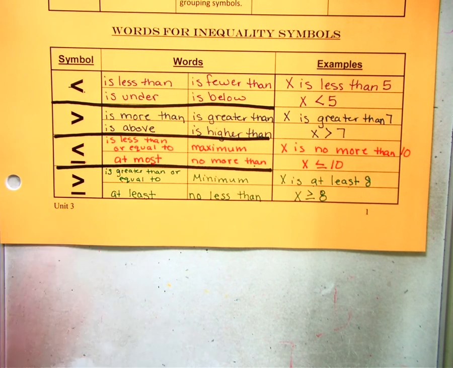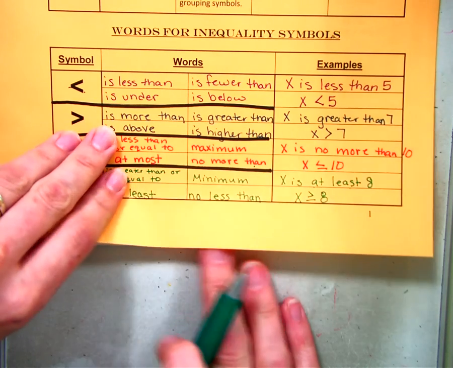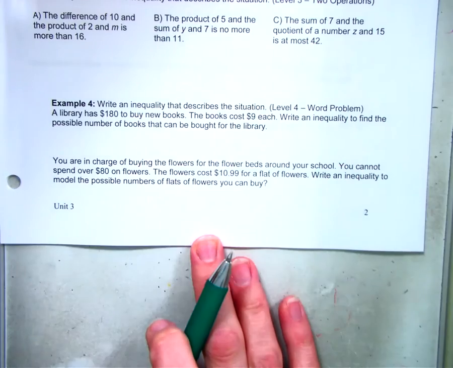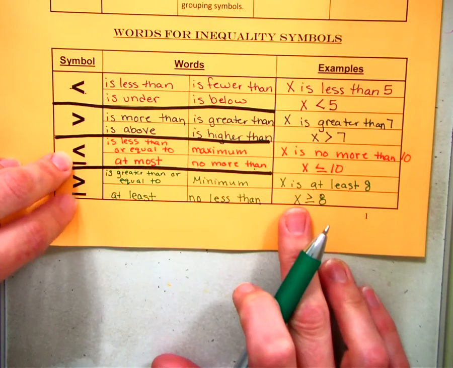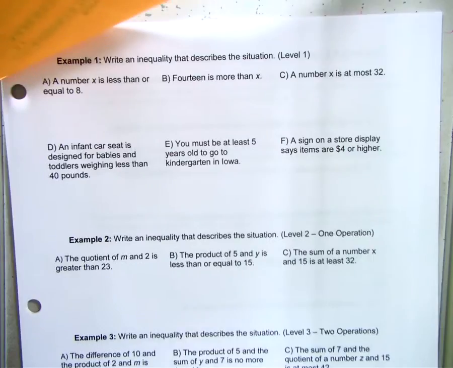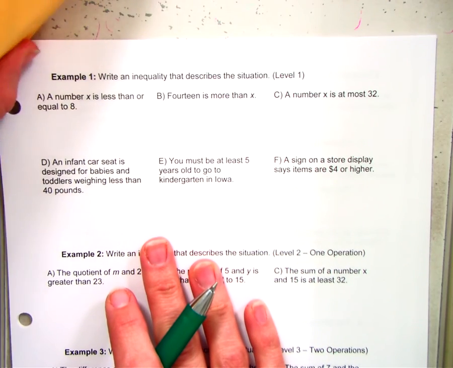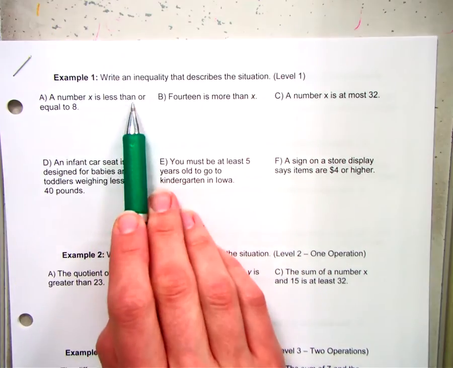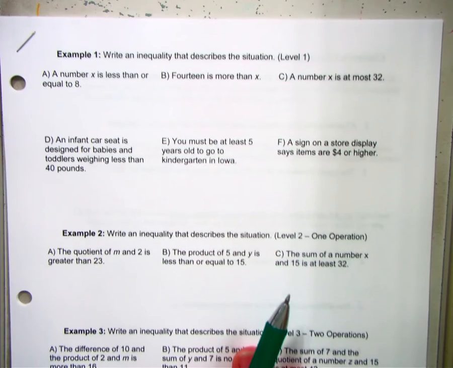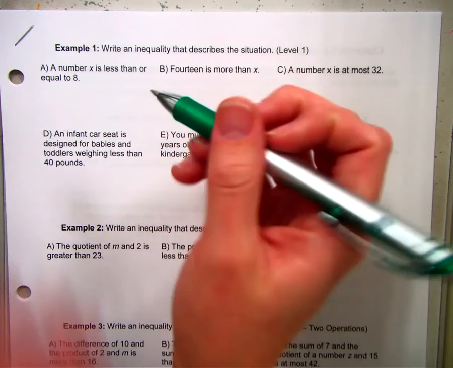Now what we're going to do is we're going to separate this piece of paper from the rest of our packet so that when we go to this next page and we're actually practicing, we can look up our words on this page. Okay? So the first example is just being able to identify which symbol goes with these words. So basic one-steppers here. One thing, x, an inequality symbol, and a number.